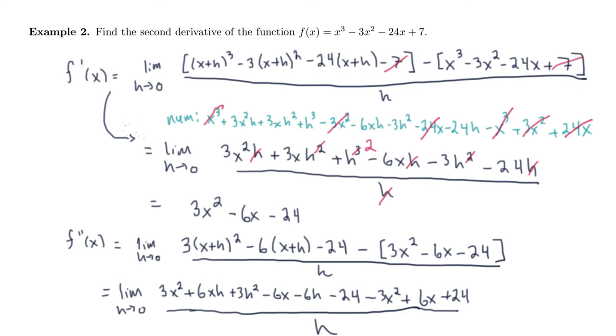So let's see what cancels. 3x squared minus 3x squared, minus 6x plus 6x, minus 24 plus 24.